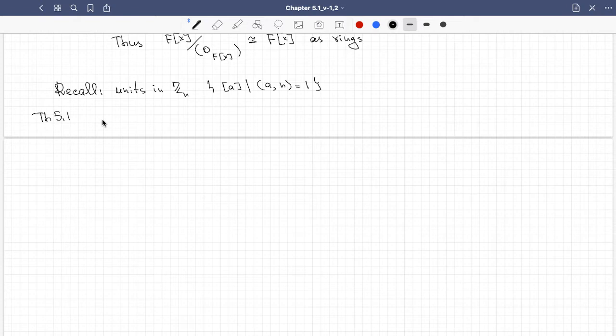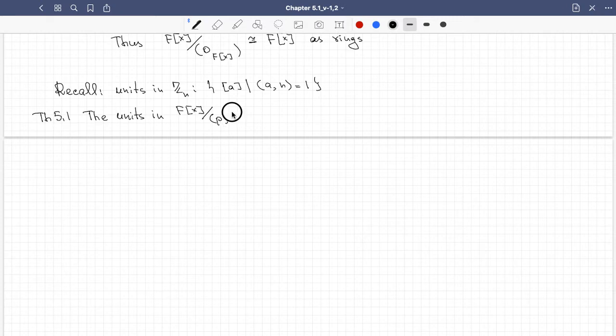Namely, the units in f of x modulo a polynomial p, non-constant polynomial.